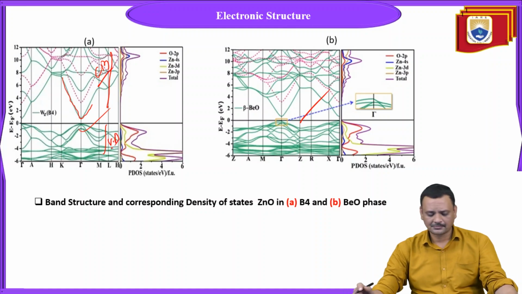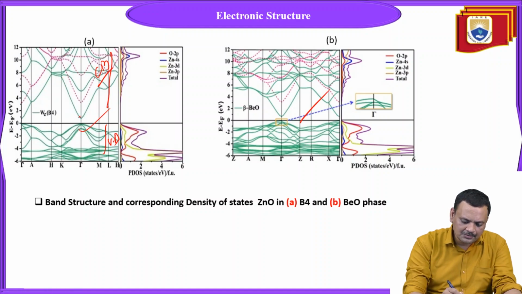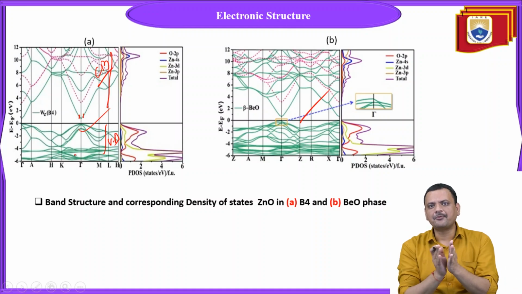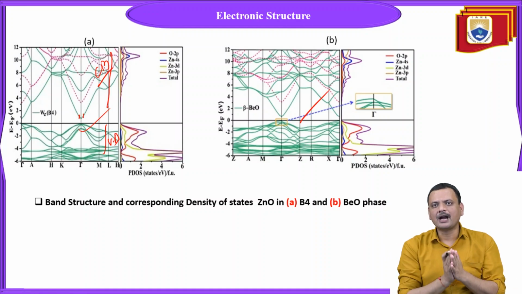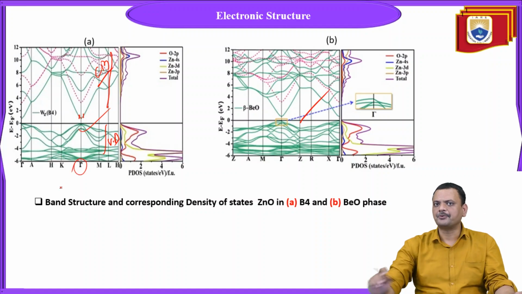The lowest part of the conduction band, at some K points nearby gamma, occurs at the gamma K point.